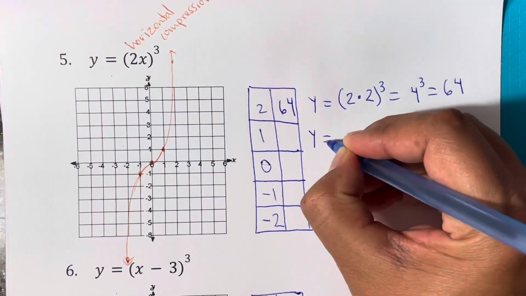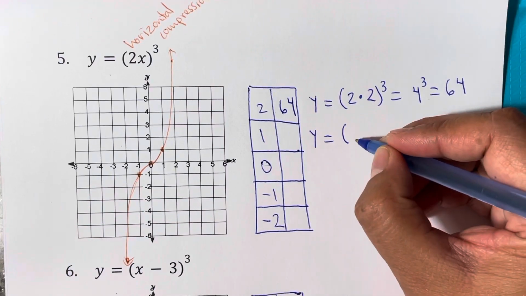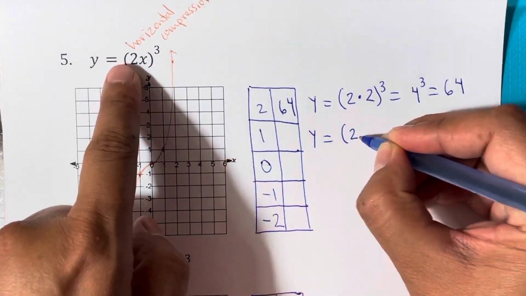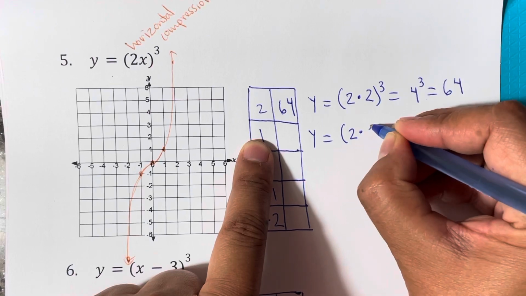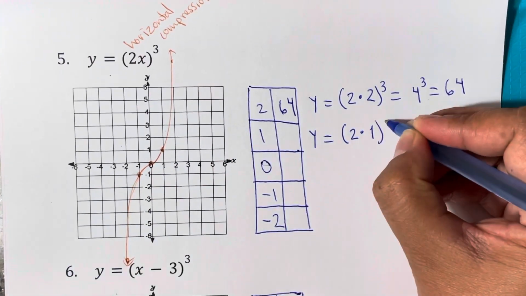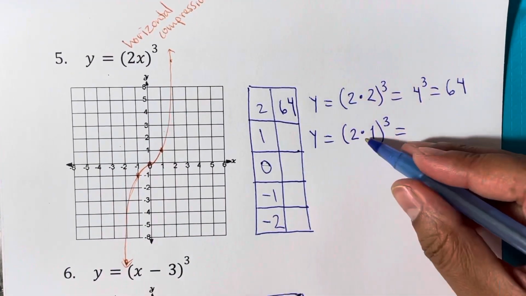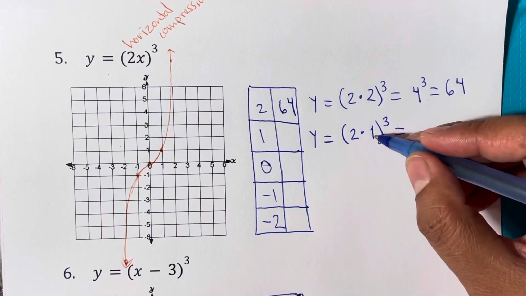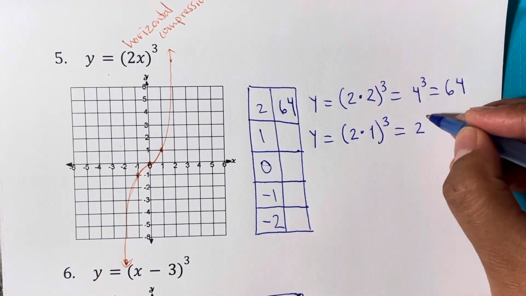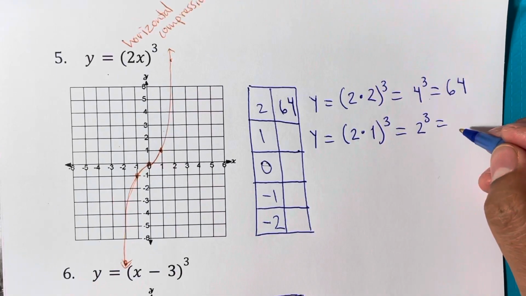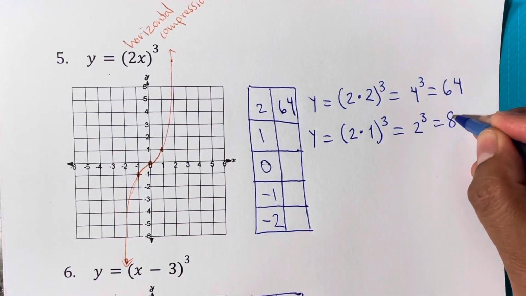For the next one, y is equal to 2 times the value of x, which is 1. Cube that. Do parentheses first. 2 times 1 is 2. 2 to the third power is 2 times 2 times 2, which is 8.